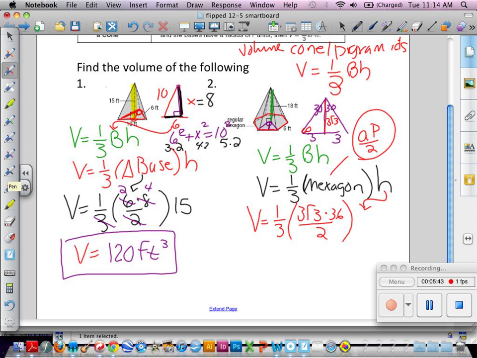And then now I need the height of my pyramid, which is 18. And so once again, I can simplify here. This 3 will cancel with that 3. This 2 will cancel with this 18, making that a 9.